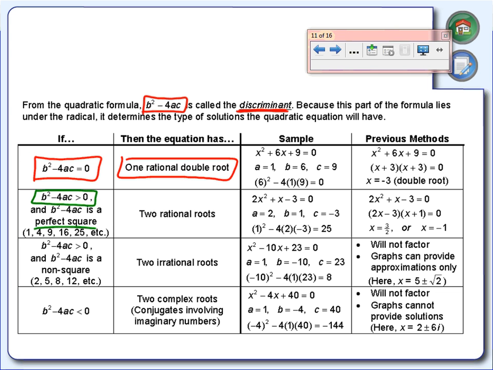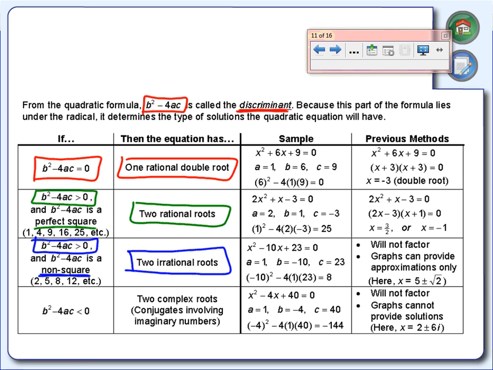If we get one of those numbers underneath the square root, then we're going to have two rational roots. If our discriminant is greater than 0, a positive number, but is not a perfect square, then instead of two rational roots, we're going to get two irrational roots.